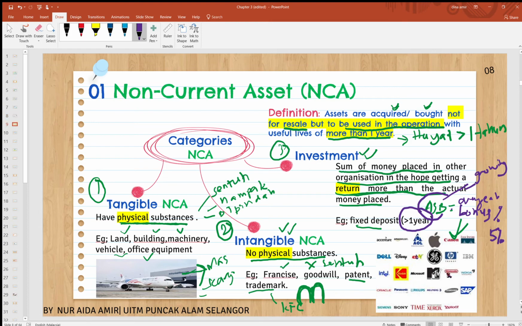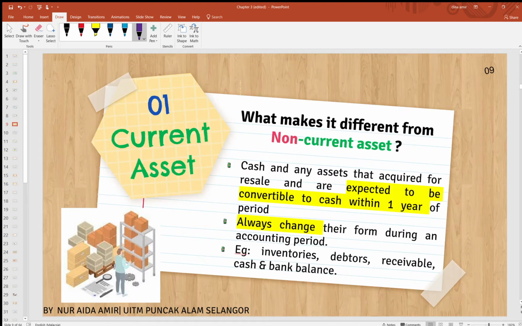Okay. Next is current asset. Okay, tadi non-current asset. Sekarang ni current asset saja. Current asset ni, what makes it different from non-current asset? Differences between current asset and non-current asset is the period of year of the convertible to cash.